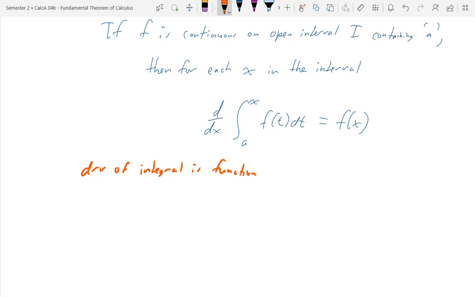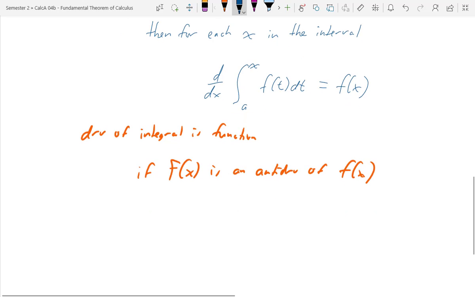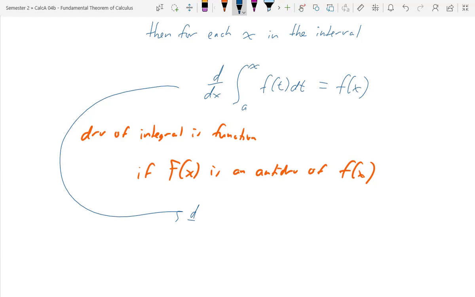Now, the kind of way that I can show this is if capital F of x is an antiderivative of little f of x. And I can kind of just work through this a little bit. So I'm going to take this thing right here and say, all right, we're going to keep the d dx on the outside. Let's actually do the integral.